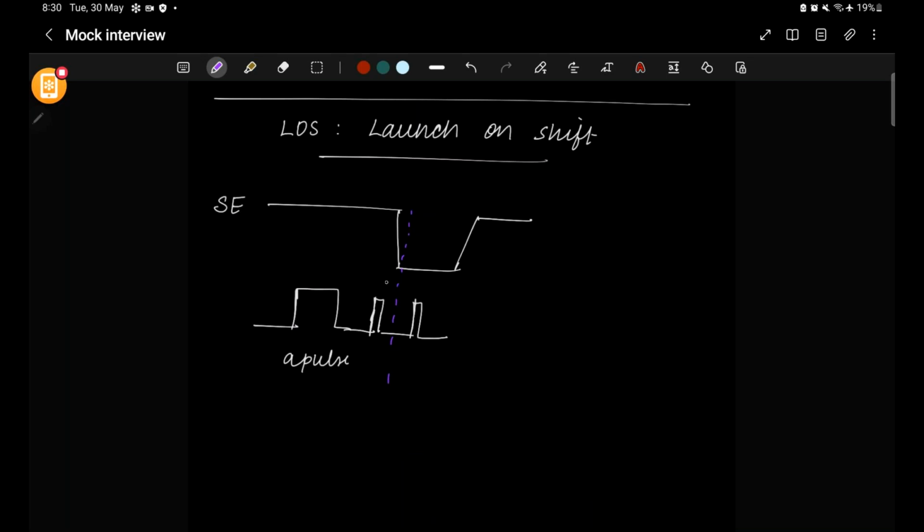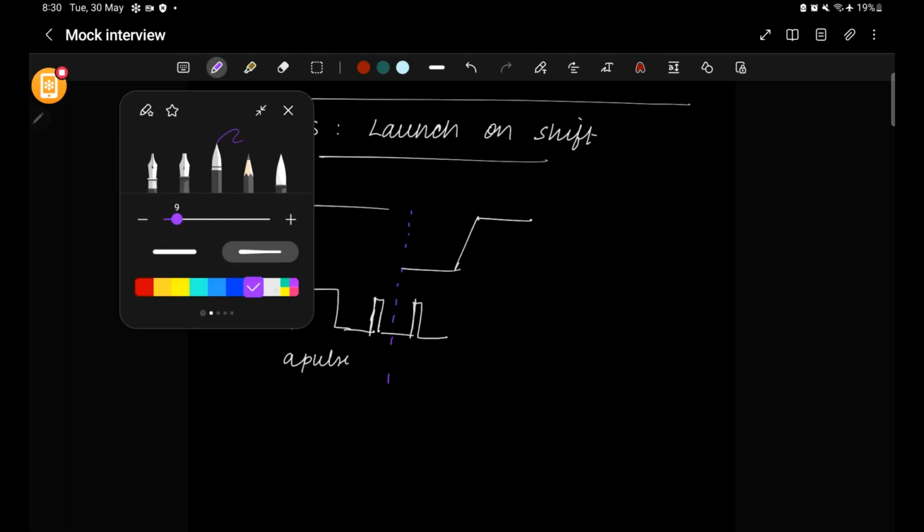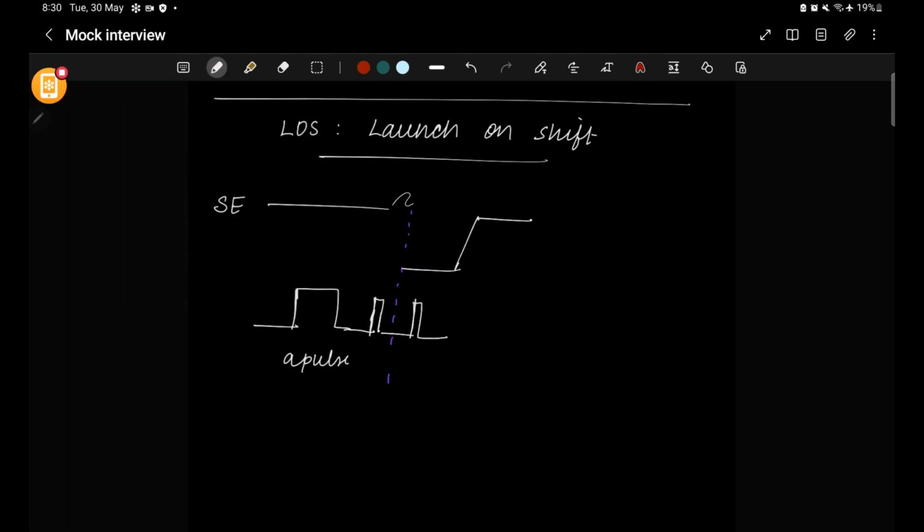The other fast clock pulse will come during the capture phase. This is B pulse and this is C pulse. So B and C, they are fast frequency clock pulses.